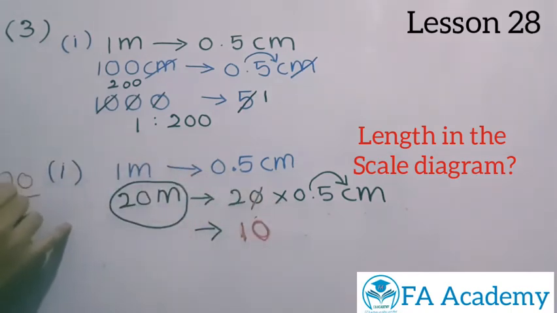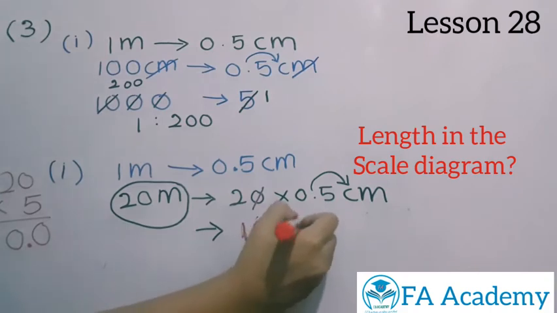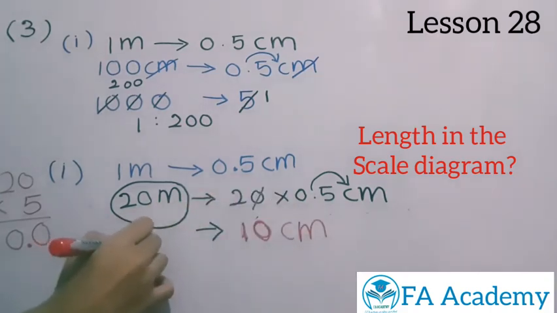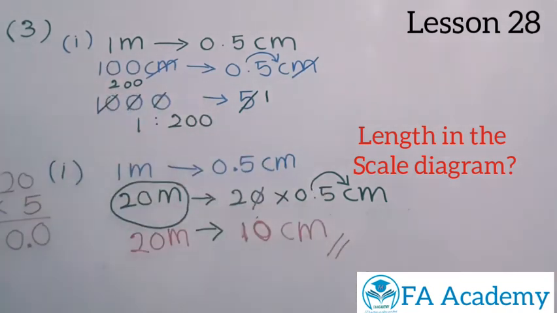See, 20 into 5, 5 into 0, 0, 5 into 10, 10, you get 100. Then you take off one decimal point, then you get 10 there. So when you get 10 there, that's in centimeters. So what you are getting? For 20 meters, you are getting 10 centimeters to draw. Okay, so now you found the length.